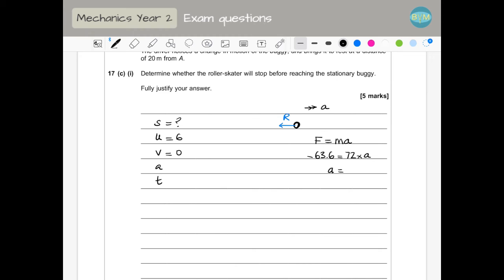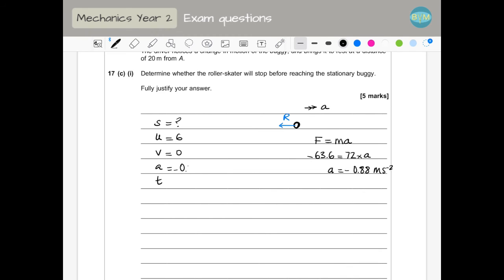And the new acceleration is minus, because it's deceleration, so it's correct, 0.883 something meters per second squared. This is the acceleration that I'm going to count here in my SUVAT equation.